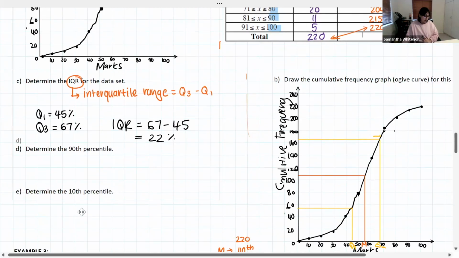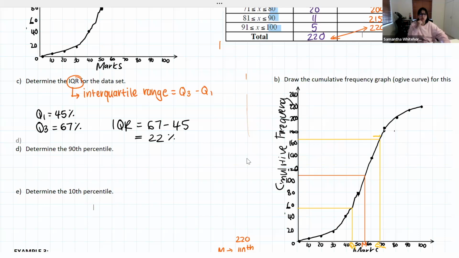In the last two questions I'm asking you for percentiles. Does anyone know what a percentile is? Don't overthink it. What is a percentile? What do percentiles do to your data set?